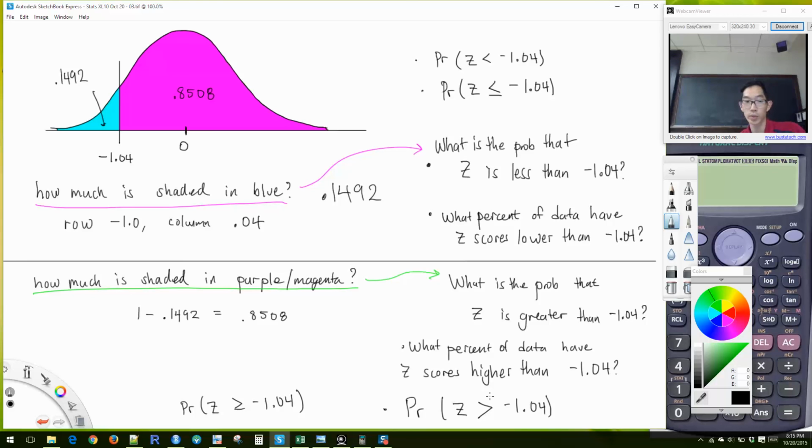Z, this is greater than or equal to. And this is less than, and this is less than or equal to. So these questions down here are all equivalent. These questions up here are all equivalent.